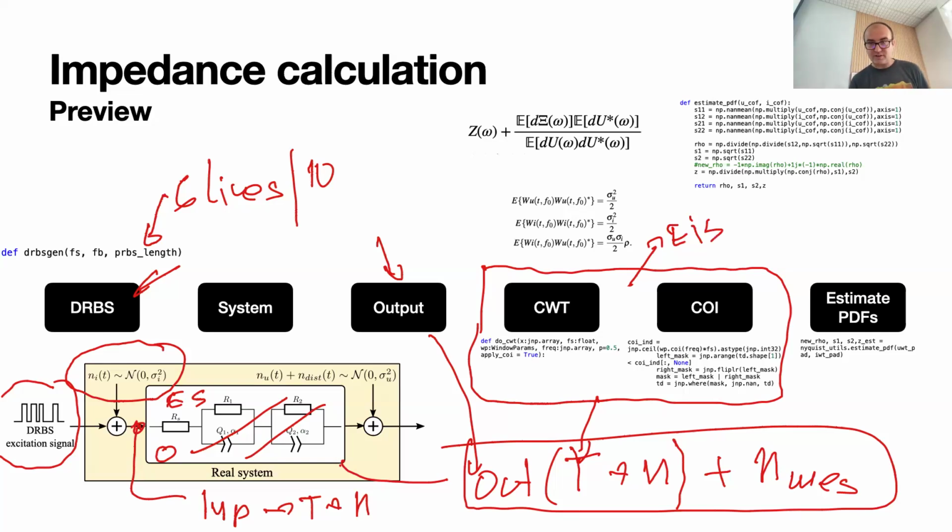The Python code that you see in this rectangle here is everything that we need to calculate EIS based on these noisy inputs and outputs. These are, I don't know, 6-7 lines of code. And I'm going to use the majority of the time today to tell you all the mathematics that boils down to 6 lines of code, nothing more.